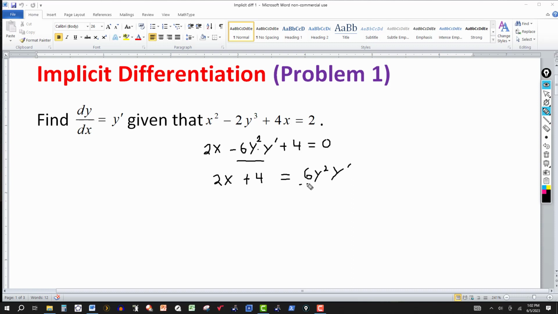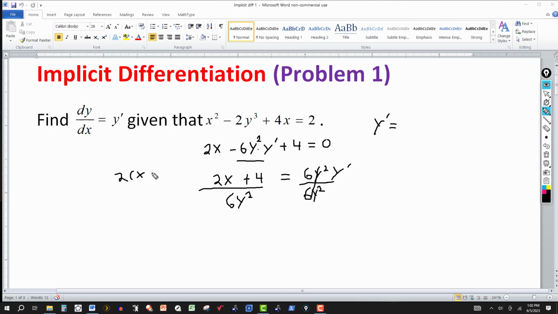Then we want to solve, so we isolate, divide both sides by 6y squared. And then this divides out. I've isolated the derivative of y, or y prime. So y prime is equal to, then in this one right here, I could factor out the 2 in the numerator.